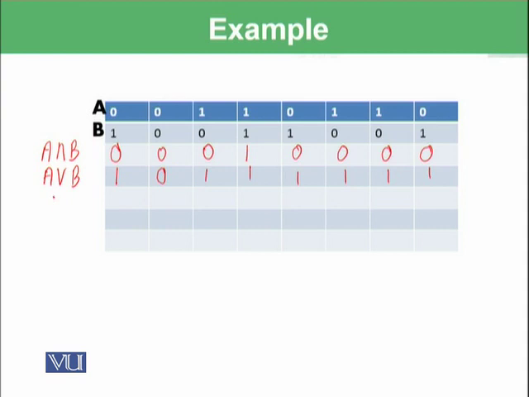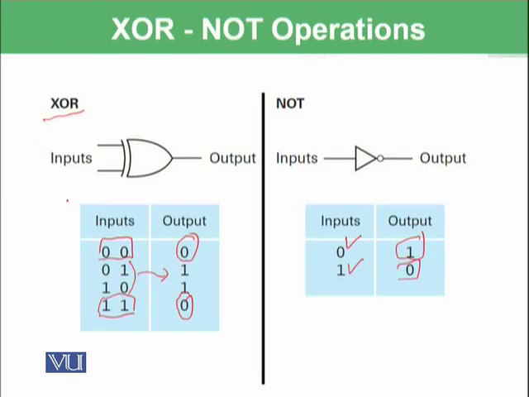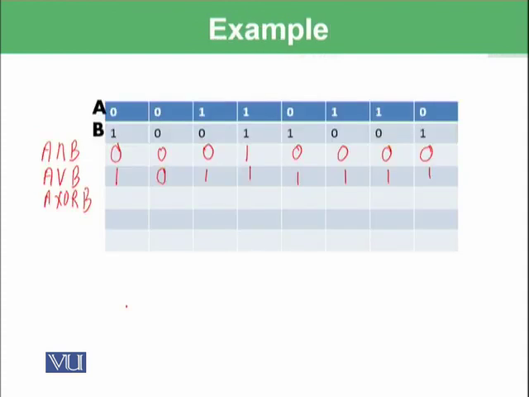And then if we want to perform A exclusive OR B, you have learned that when both inputs are the same, it produces 0. Can you see where both inputs are the same? Here both inputs are the same, and none of the others are. They are different, so it will produce 1 for all other inputs.